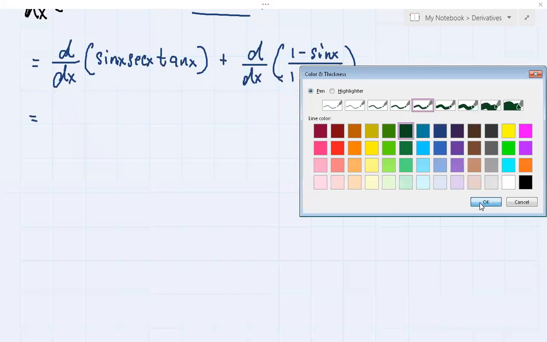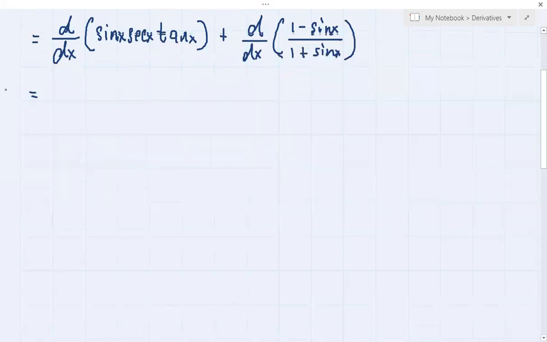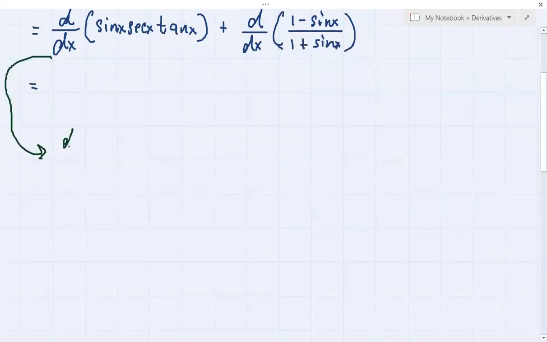Okay? Ganyan. Now, let's start with this one. Kasi this is the hardest one.